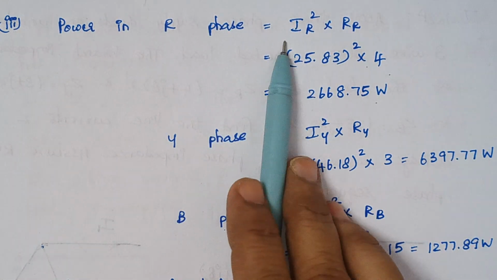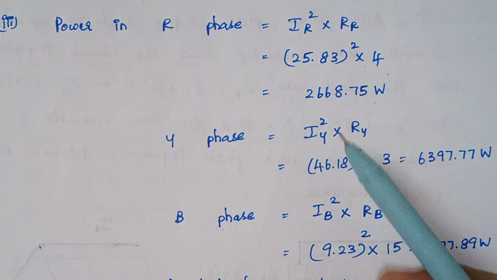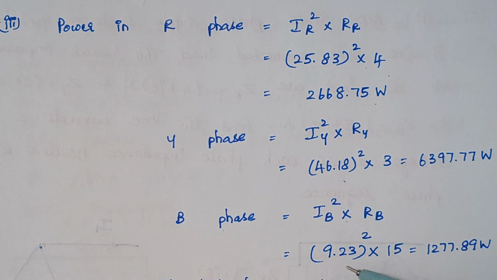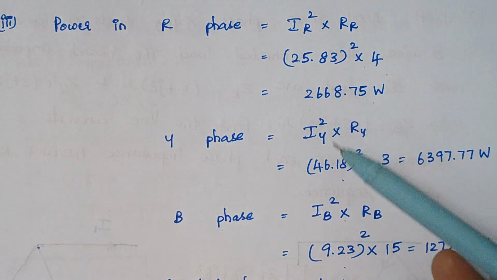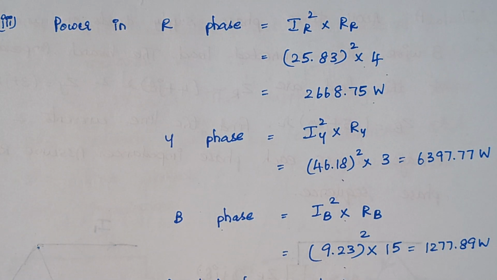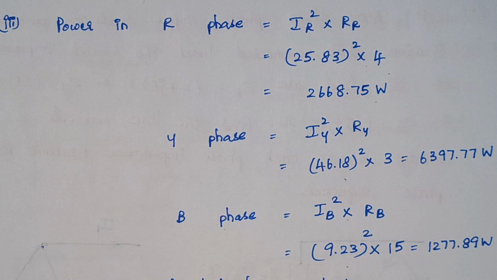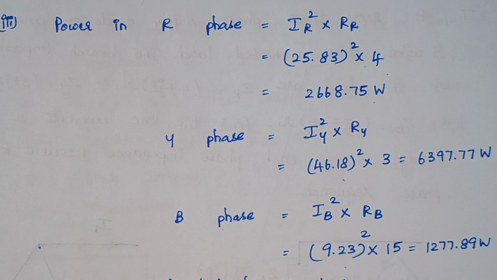So here you see the value of IR is 25.83, IY is 46, and IB is 9. These values of current differ because of the difference in the impedances or the load which is connected, right? So this is known as an unbalanced network because the value of impedances in each phase is different. Because of the difference in impedances, the intake of current is different, right?